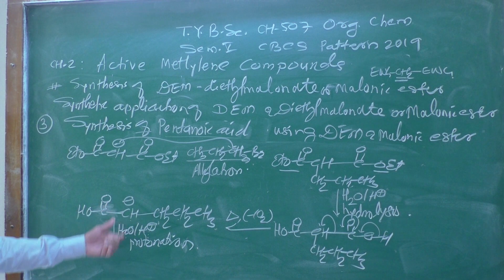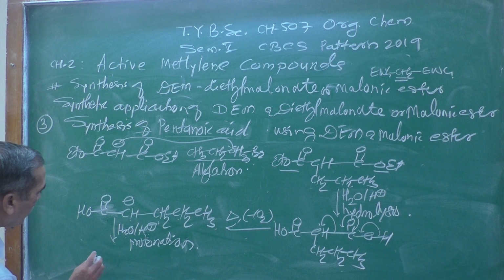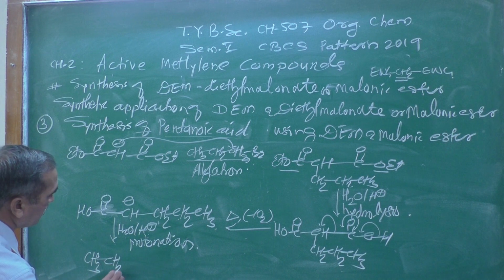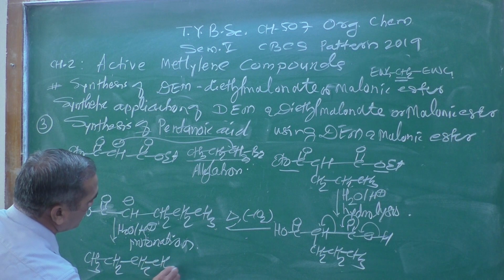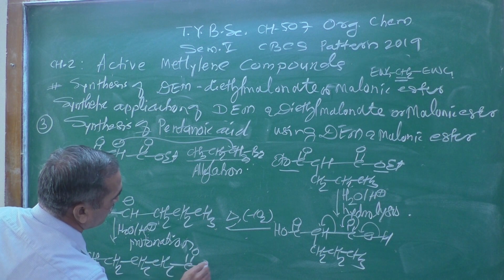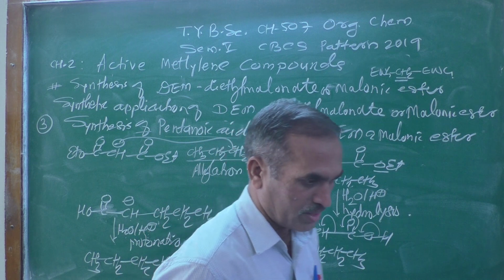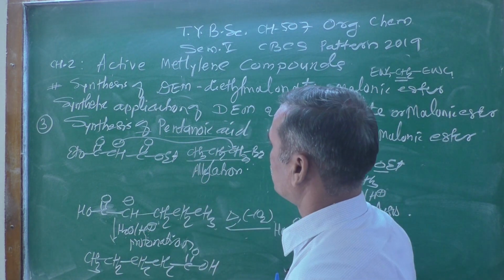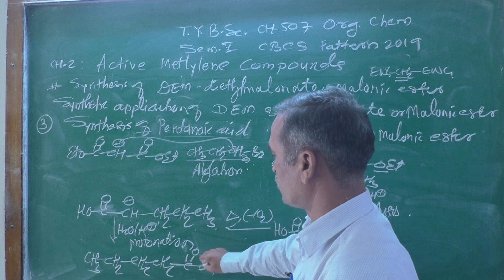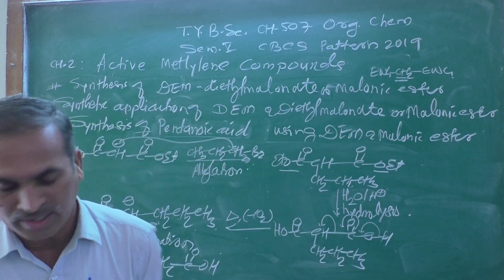This intermediate will pick up the proton to get the stable final product, and that final product I am writing over here, CH3CH2CH2C(=O)OH. This is the compound which we got. See, this is our target molecule. It is a propanoic acid.